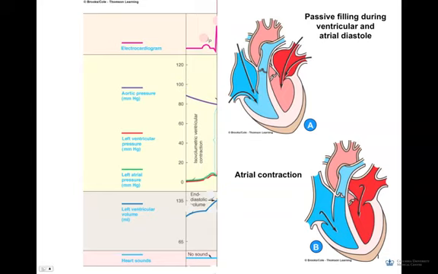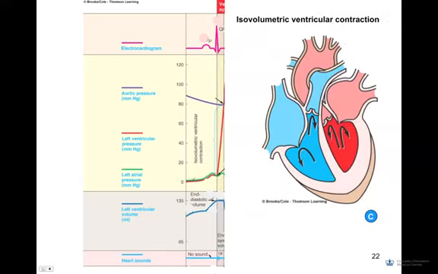So now, going back up to the electrocardiogram, now we're in the PR interval. Right? This is the time in between the firing of a P wave and the QRS complex. And this, if you recall, was equal to the AV nodal delay. So let's look at what happens once the QRS complex fires.